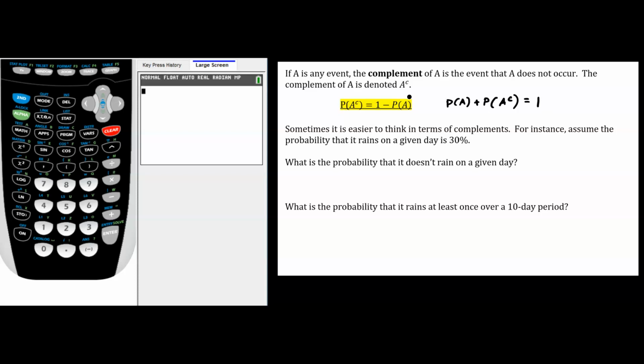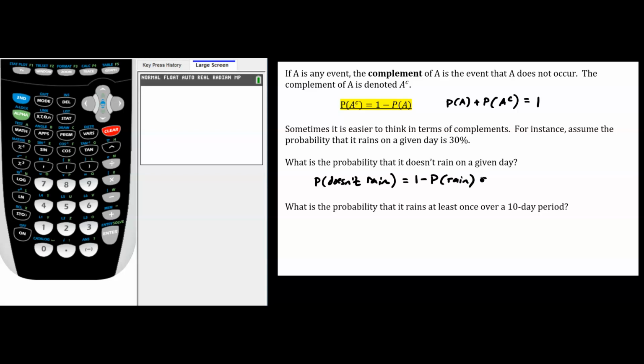And again, it's often easier to think in terms of complements in a lot of situations. For instance, assume that the probability that it rains on a given day is 30%. What is the probability that it doesn't rain on a given day? Well, the probability that it doesn't rain can be thought of as 1 minus the probability that it does rain.